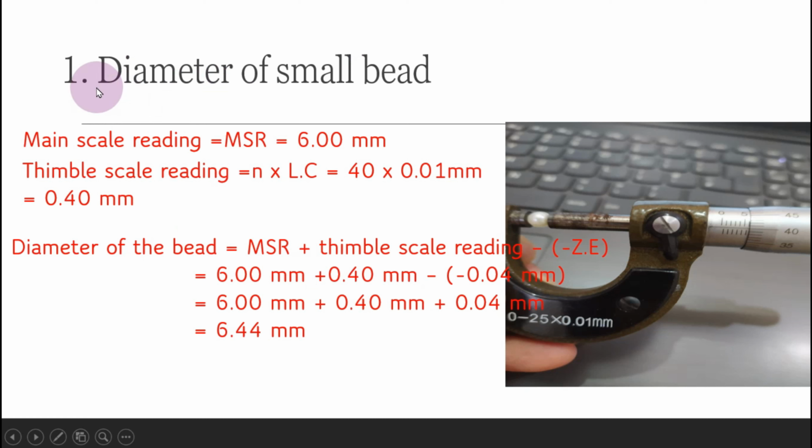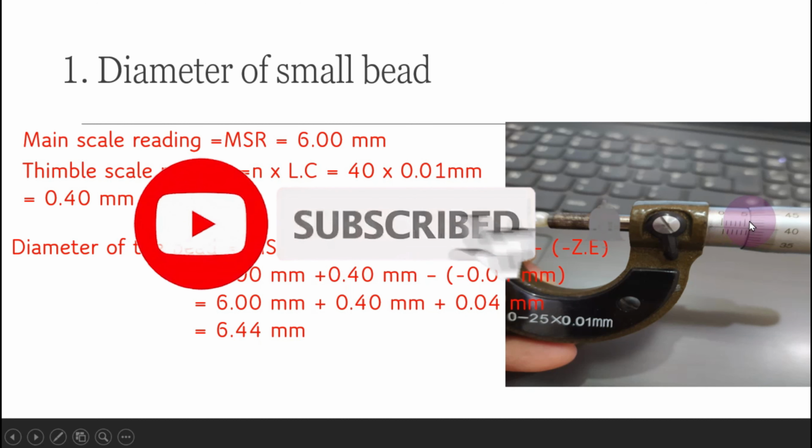Now we want to find out the diameter of the small bead, which is over here. It is stuck in this screw gauge, and now we are going to read it. The formula to read this is the main scale reading first, and we see the main scale reading is still here. This 5 shows 5 millimeter, and here is a mark which is 6.